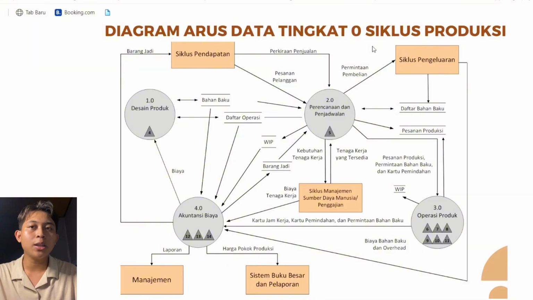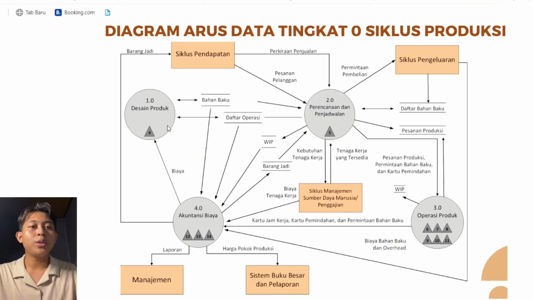First, the product design department, atau design product, receives cost information as an input from the cost accounting department, atau akuntansi biaya. This cost information is used to help the company create high quality and functional product designs while keeping production costs affordable.